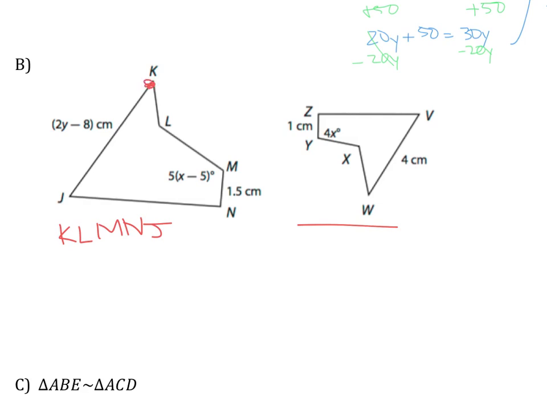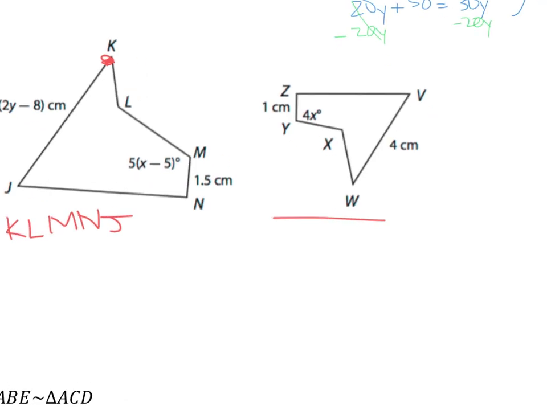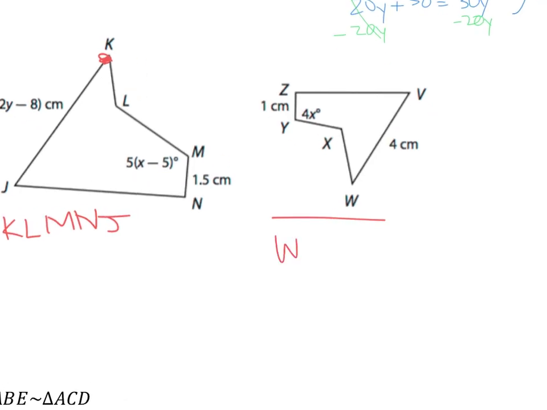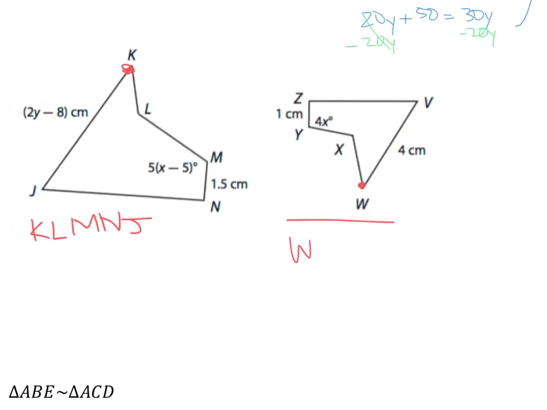So if we're starting at K on this one, which one looks like it would go with K? That would be W, right there, the kind of pointy part of it. And we went from K to L, so that little drop right there looks more like this drop, so we're going to go to X, and then we're going to keep going around our figure to Y, to Z, to V.